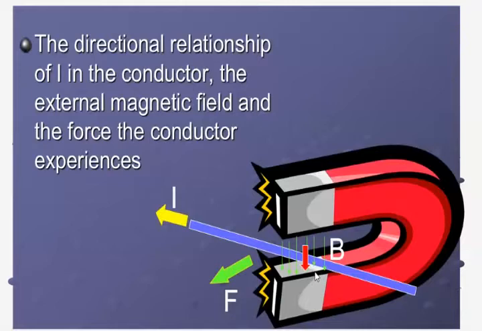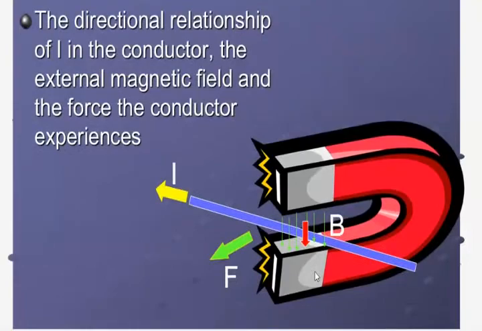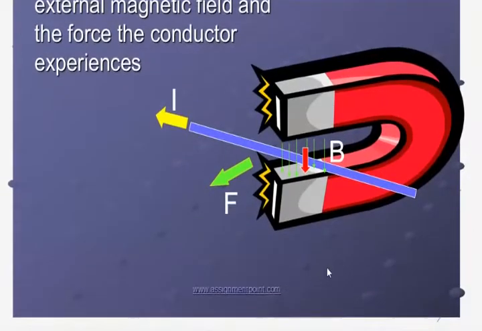So the direction of force acting on a current carrying conductor depends on two factors: the direction of current and the direction of the magnetic field. If both the current and the magnetic field directions are reversed, then the direction of force will remain unchanged. If the direction of only one of them is reversed, then the direction of force also gets reversed. So this was the thing.